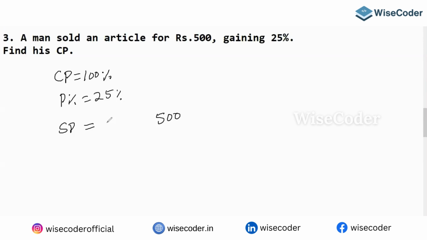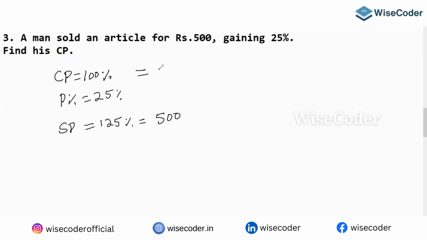When SP is 500, SP means cost price plus profit. So that is nothing but 125%. So I can say 125% is equal to 500.